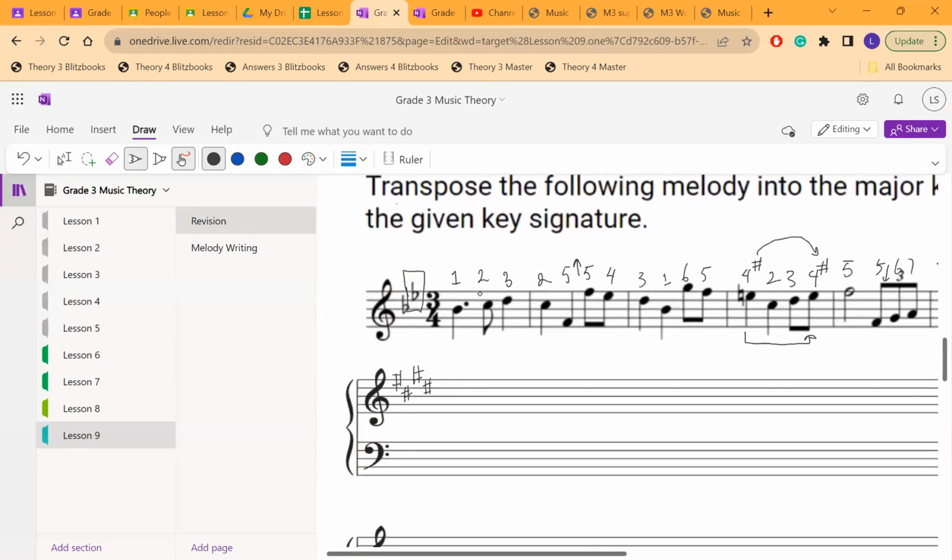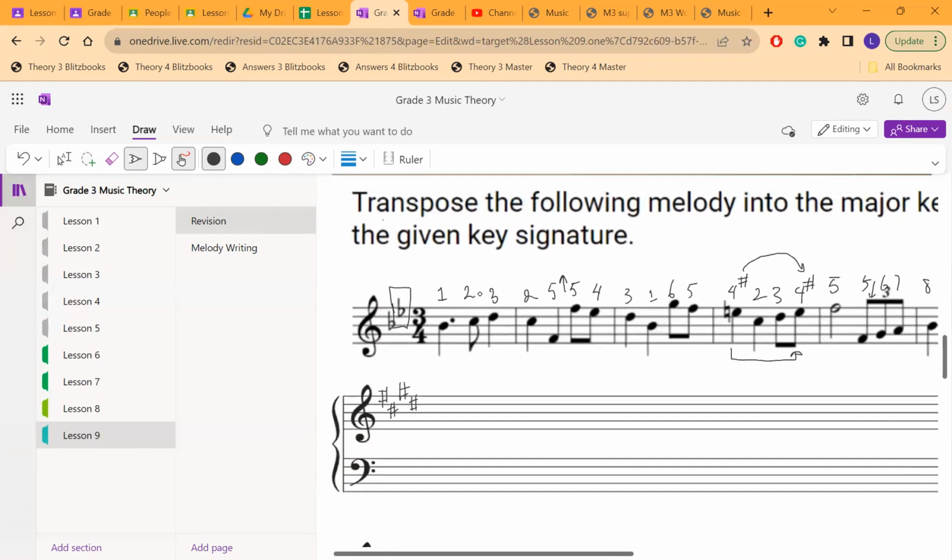It just says transpose this melody into E major. Usually it says transpose the melody up or down, but since it doesn't say, I suppose you can do it either way. Let's go up.